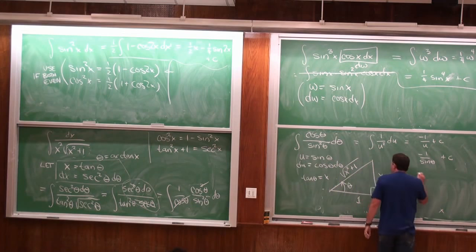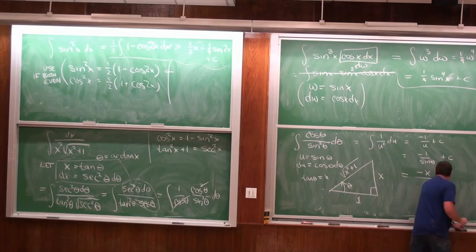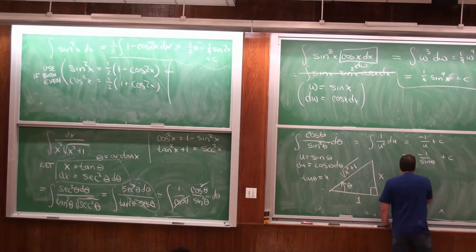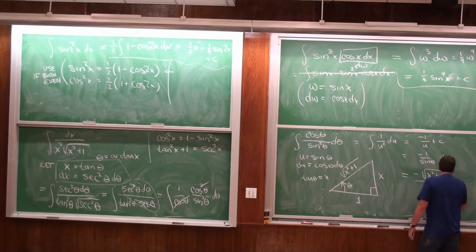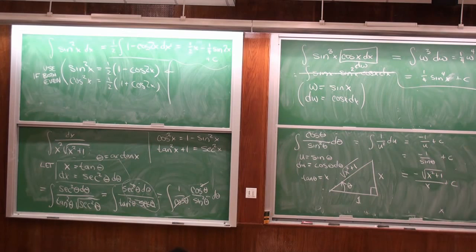So this is minus the square root of x squared plus 1 over x. Which seems like magic, but it's reasonable. I'm integrating some algebraic function. I do a bunch of stuff involving trigonometry, and eventually I get back to another algebraic function.